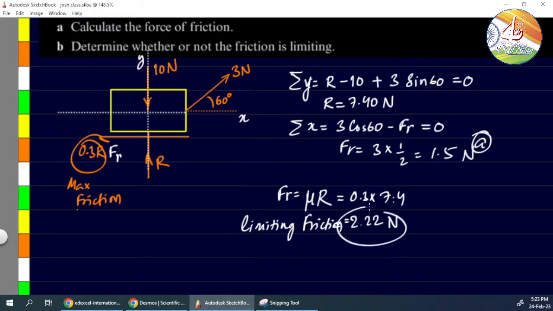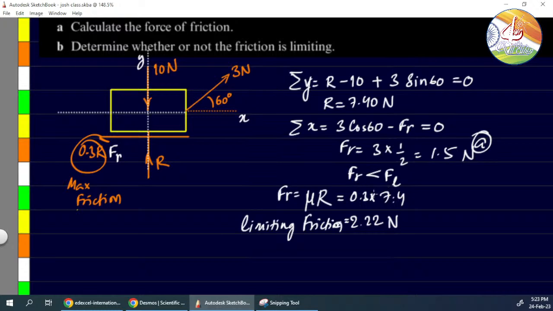To start motion, 2.2 is required, but we are having only 1.5. So it's not moving. The friction FR is less than limiting friction.